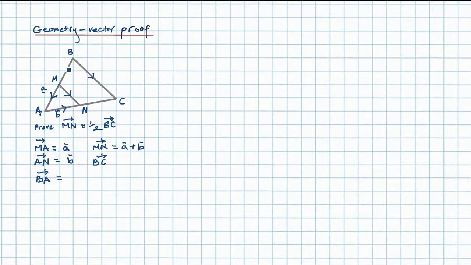So this length must equal this length. Sometimes on the diagrams you see those marked with a dash like that. So this length equals this length. And if the length's the same and the direction's the same, we say they're collinear, then this vector here, which is B to M, that must also be A. Okay? So B to A, which is what we're looking for, equals 2A.